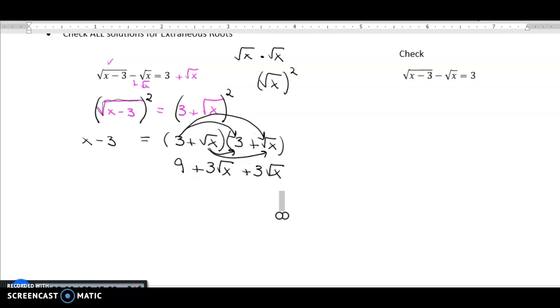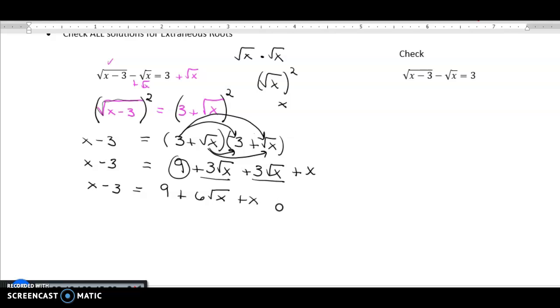We know squaring cancels out square rooting, so that would just give us plain old x, whatever is underneath our square root sign. And on the left side, we have x minus 3. So x minus 3 is equal to, combining like terms, I would have 9 plus 6 square roots of x, because 3 square roots of x plus 3 square roots of x give me 6 square roots of x, plus x.